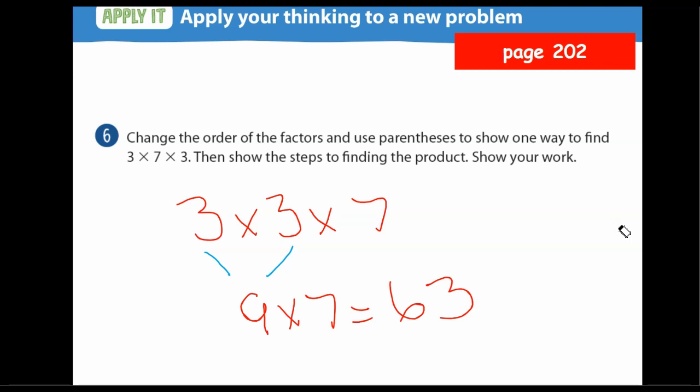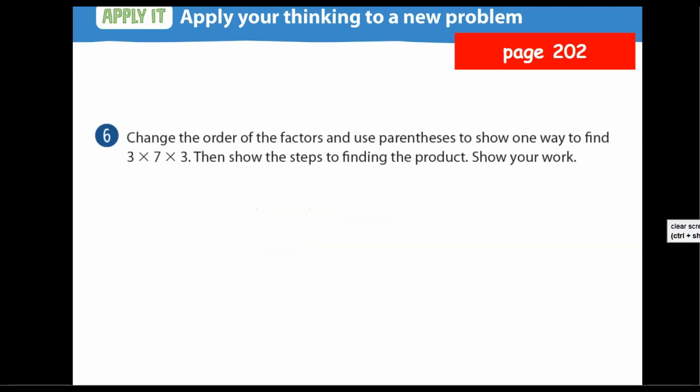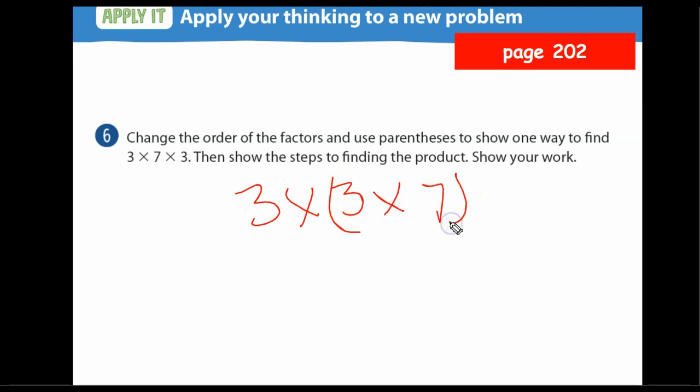Could I have done this? I mean, you could have done that. That's fine. 3 times 7 is 21, and then I have 3 times 21. But what's easier to multiply, 9 times 7 or 3 times 21? 9 times 7, right?